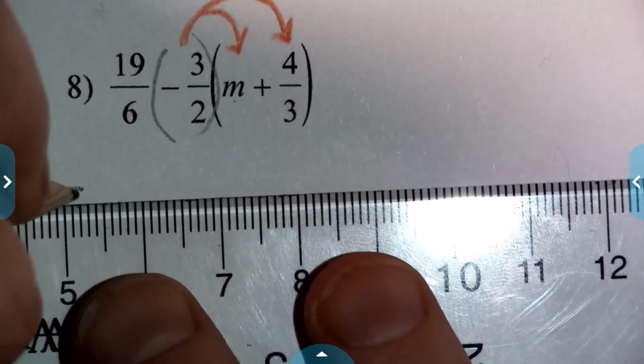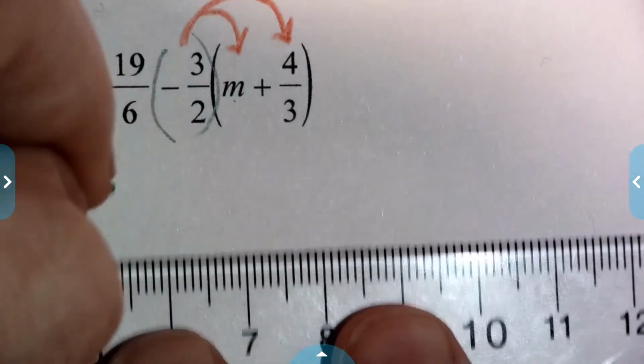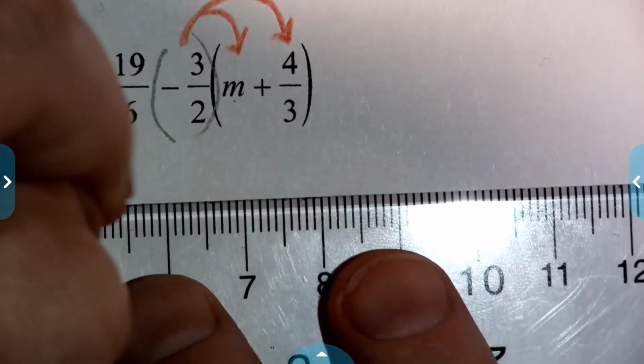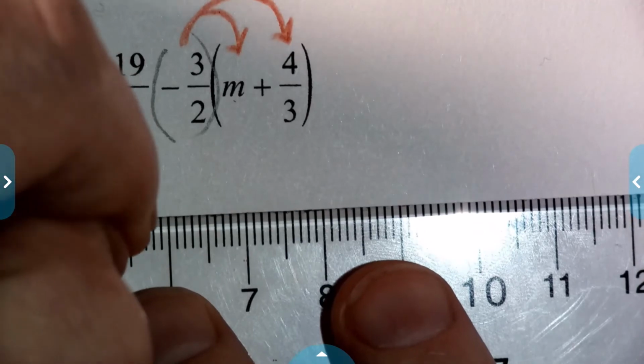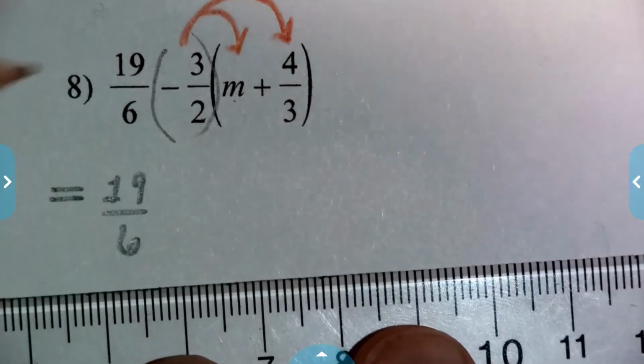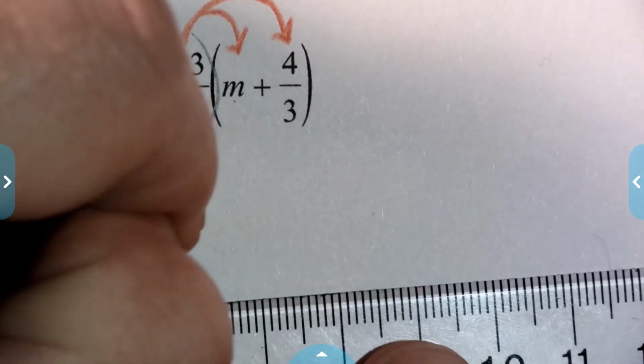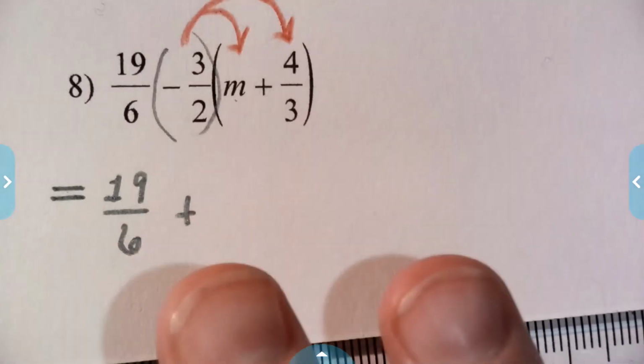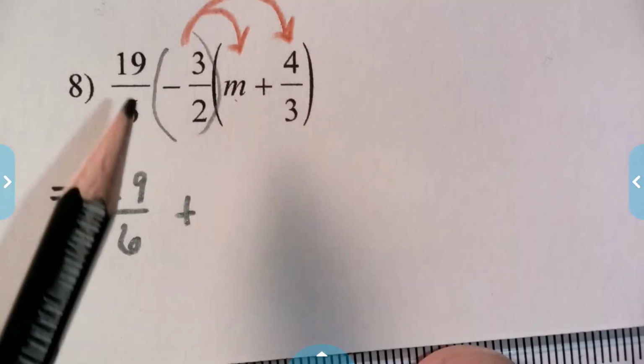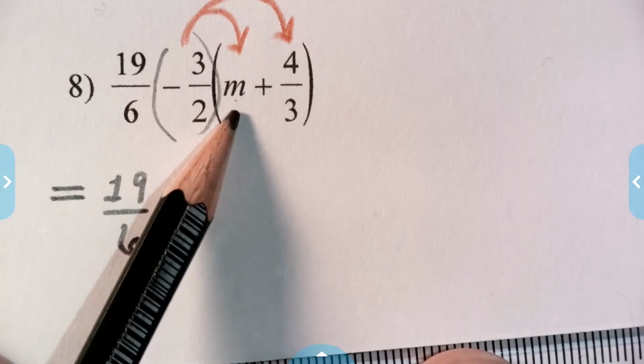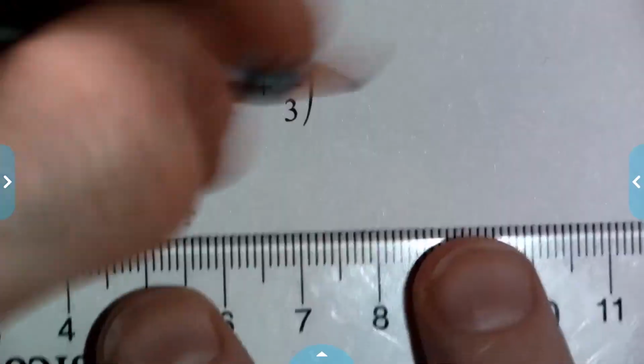So we got 19/6. I'm going to put a plus sign. Okay, that kind of separates that away. And now -3/2 times m is just -3/2m.